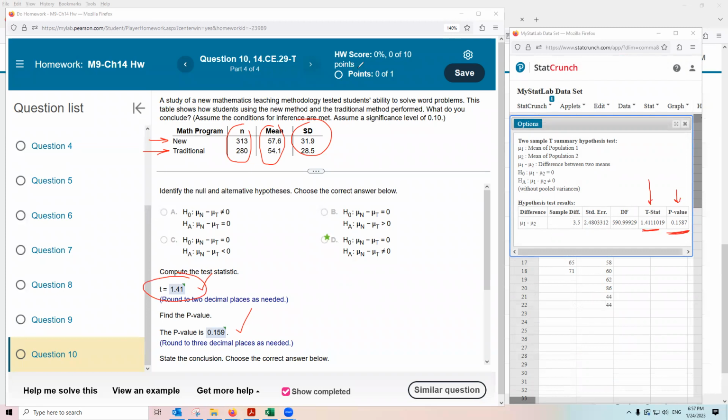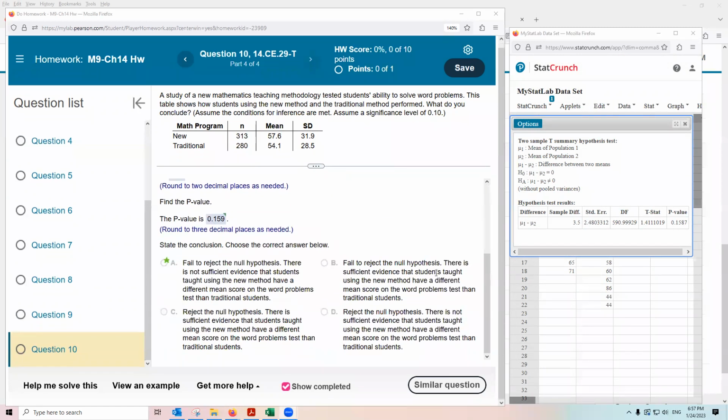All right, now we have to come to a decision. Well, for the decision, we have to compare the p-value to alpha. In this problem, it said assume an alpha level. Remember, significance is the same as alpha. It says assume alpha is 0.10. So for our example here, the p-value is 0.159. Alpha is 0.10.